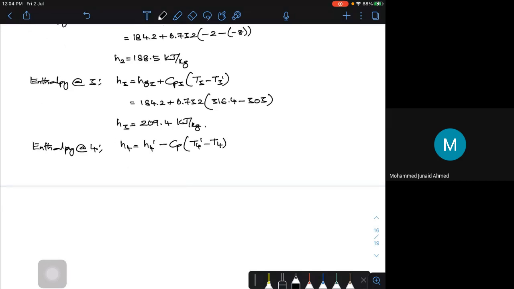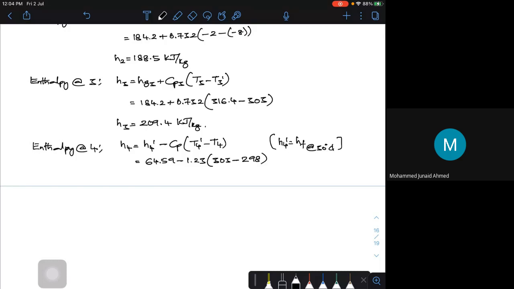H4 dash is equal to HF at 30 degrees Celsius, that is 64.59 minus Cp, 1.23 for the liquid, into 303 minus 298.